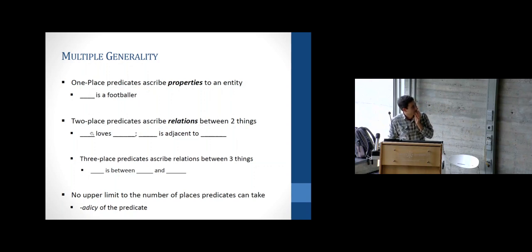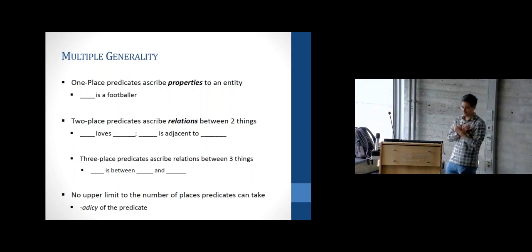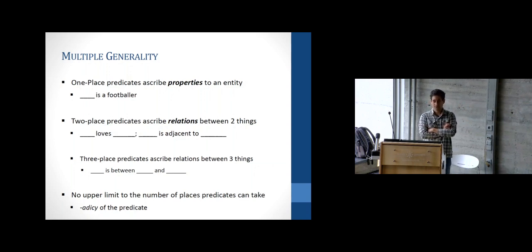Two-place predicates are things that will take two names, two singular terms, to make sense. So loves is like that: you need two things to make the sentence meaningful. So we call it a relationship or relation. Is adjacent to, is taller than, is funnier than, is greener than. These are all relations. You can also have three-place predicates. Is between is a relation that takes three singular terms to make sense.